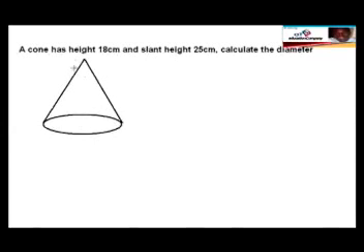This is what the cone looks like, and if we are looking at the dimensions we are given here, we are given the height, which is represented by this very tiny line here. The height is usually a straight vertical dimension, and we're looking at the diameter, which is the whole of this from this part to this part.